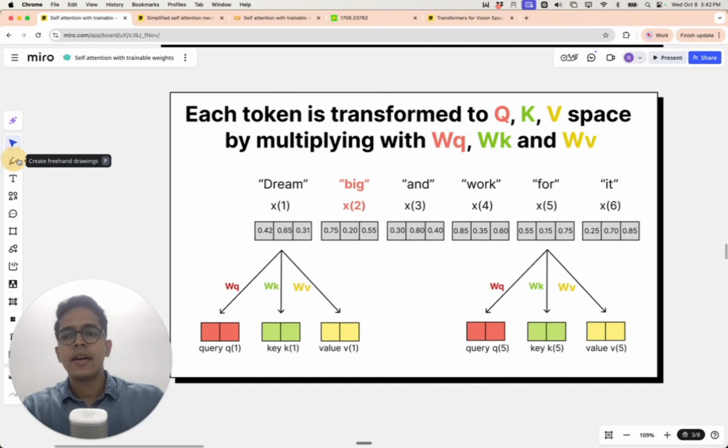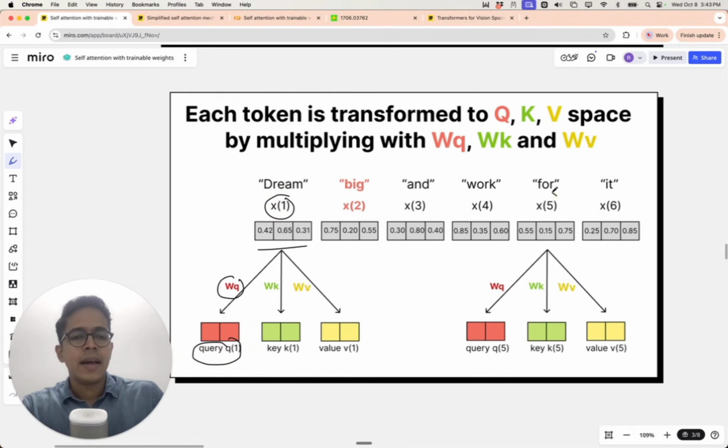You take the tokens in the sequence and multiply individual tokens with the W matrices. If you multiply the input token x of 1, the first input token, with WQ, you will get q of 1. Similarly, if you multiply x of 5, the fifth item in the input sequence, with WQ, you get q of 5, which is the fifth query vector.